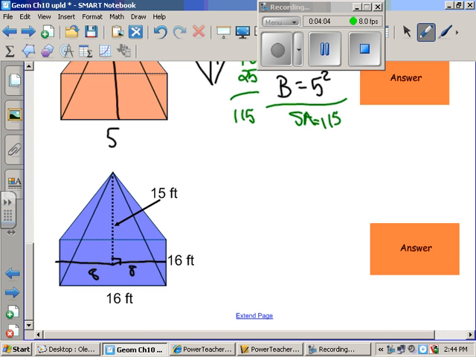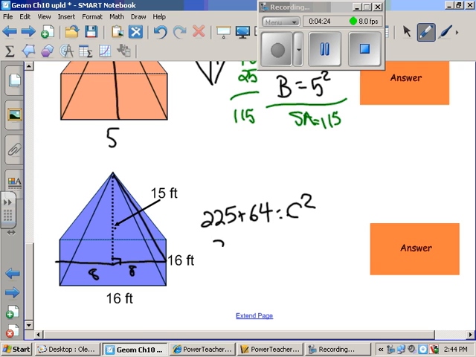So now I have 15 squared plus 8 squared equals c squared. Okay, so 225 plus 64 equals c squared.